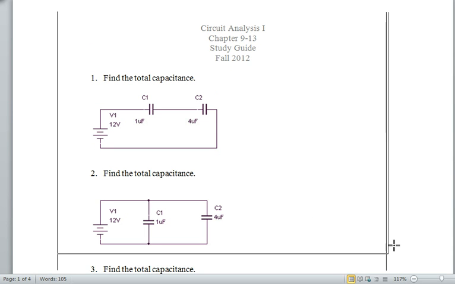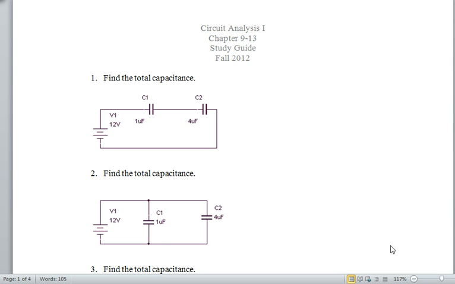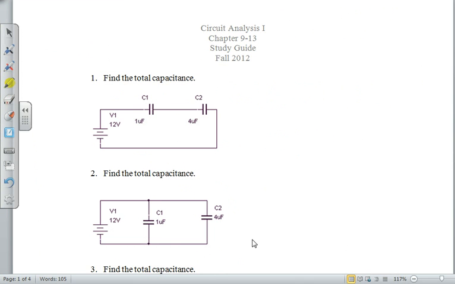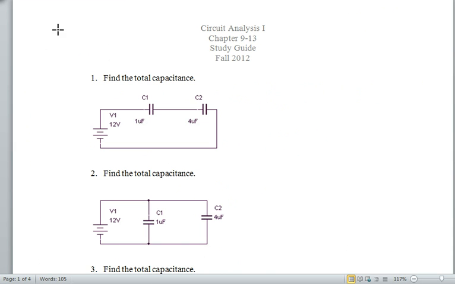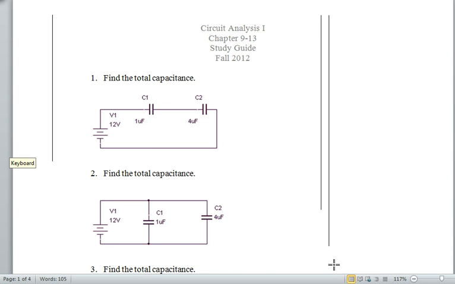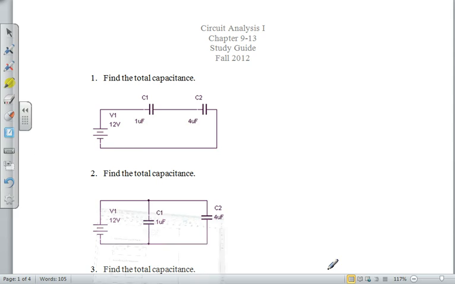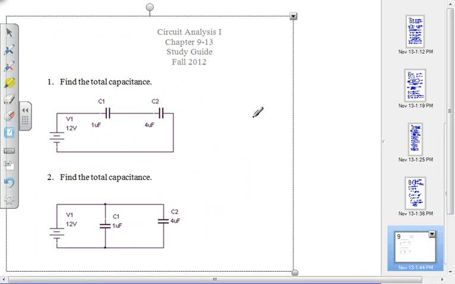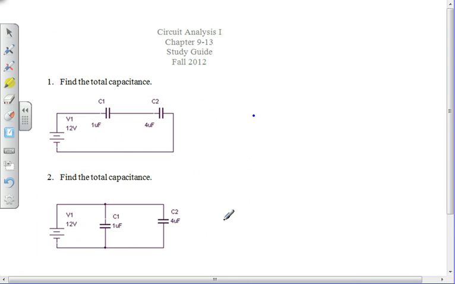All right, so we'll do the first 2 first. Are we ready? All right, there we go. We'll do the first one first. Find the total capacitance. Capacitance in parallel adds.